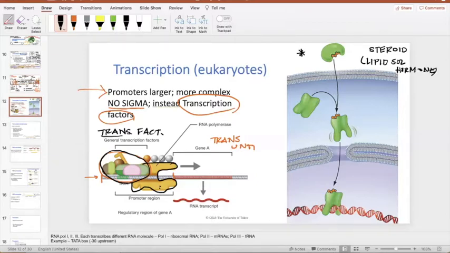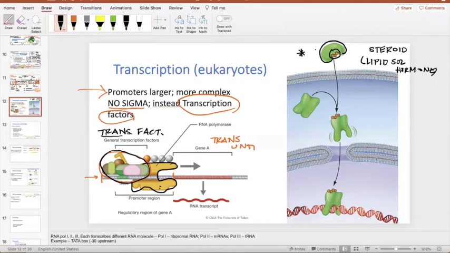Now let's walk through what's happening here, because what's actually happening is we are going to use a transcription factor to get this party started. If you remember, this is our steroid hormone here, and it's circulating in your bloodstream bound to a carrier protein. Because steroids are lipids, they don't travel well in your blood, which is water.